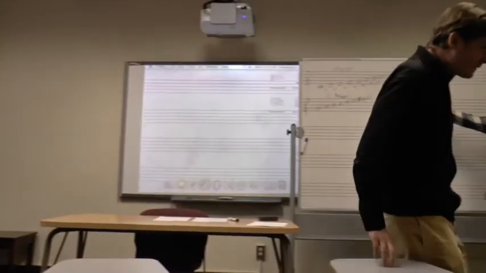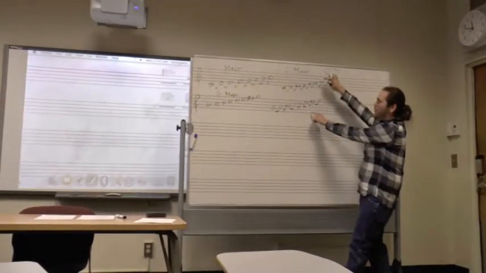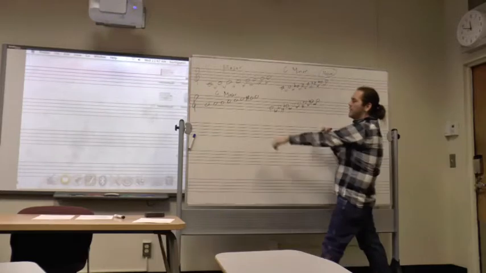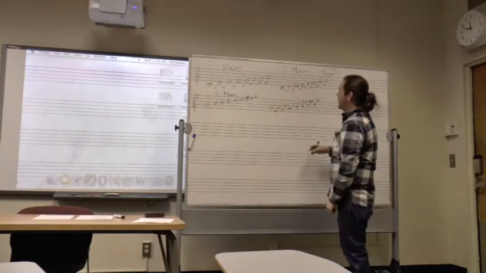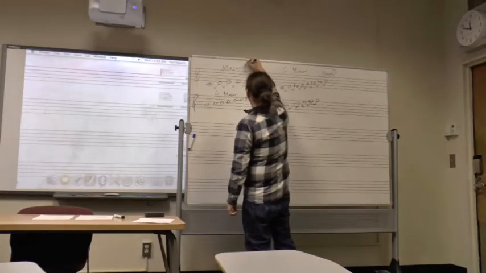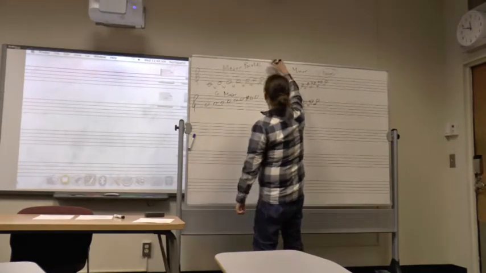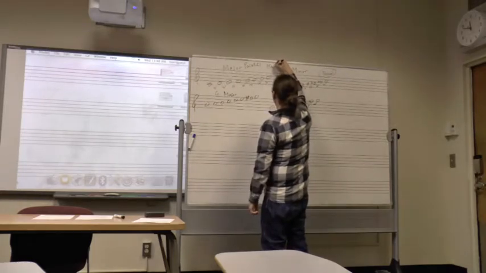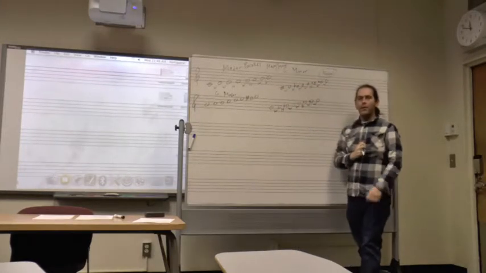What we just did with starting in a major scale, going on to a minor scale with the same root or same tonic, these are called parallel major and minor scales. Any questions on that?